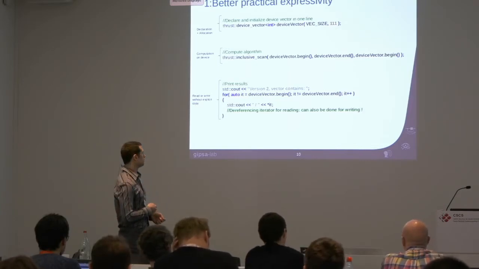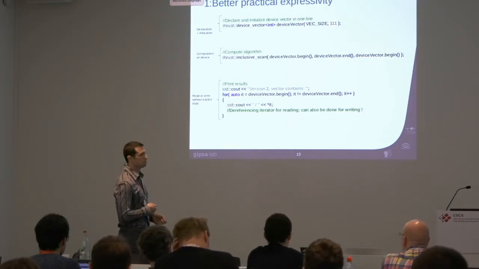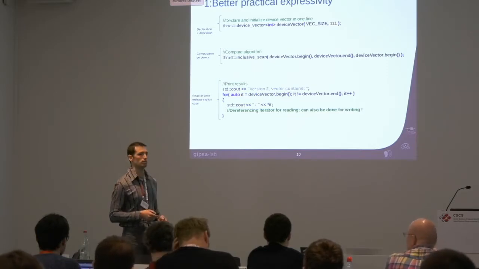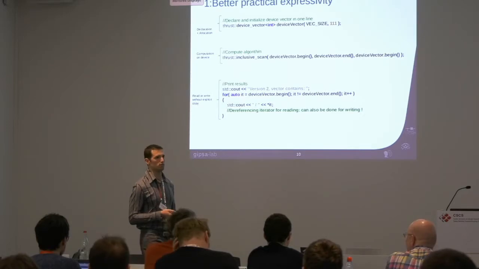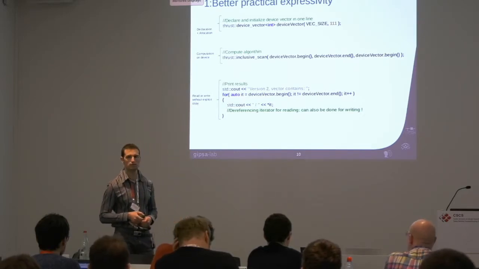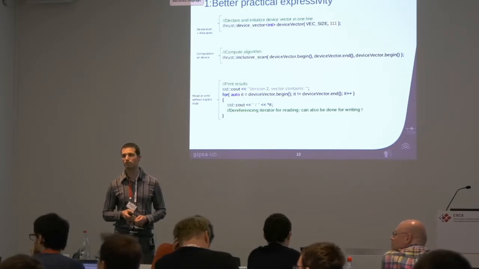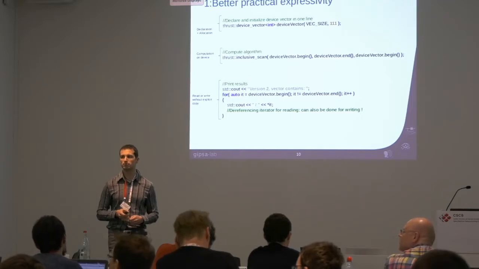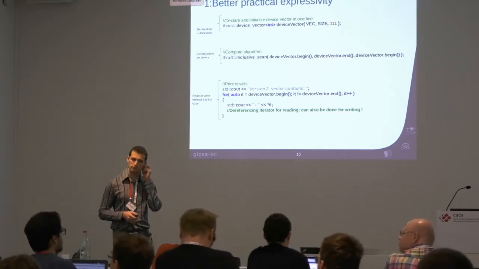I won't use that in production, but when you are debugging, for instance, and you don't want to write a lot of code, it could be really interesting to use that feature. Yeah, it's a simple proxy. Okay, so when you dereference it, it's going to call a CUDA memcpy on that single value. Cool. Thank you.